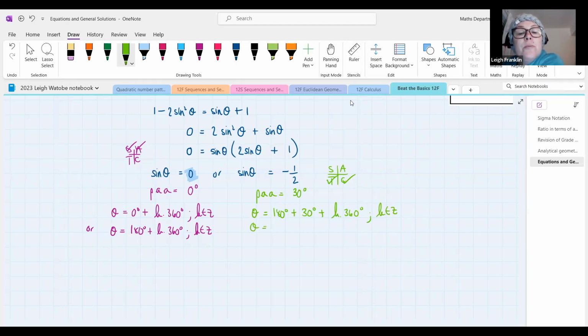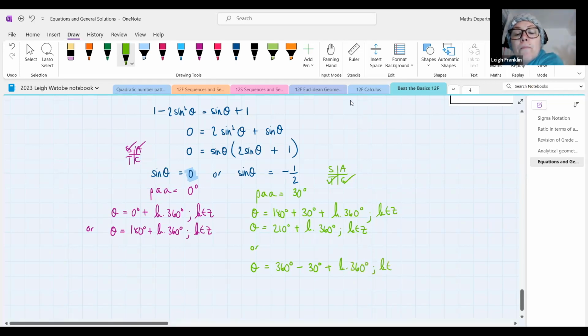So theta would be equal to 210. Or quadrant 4, theta would be equal to 360 minus our PAA. So theta would be 330.